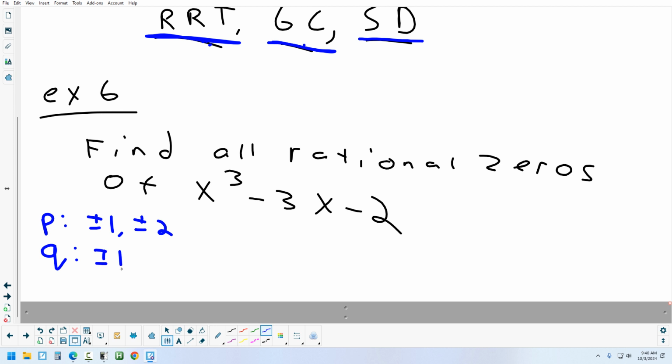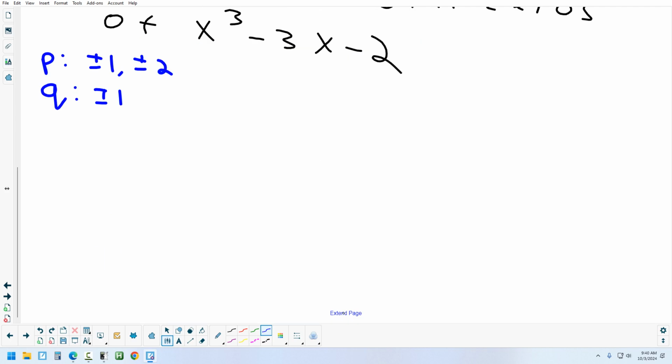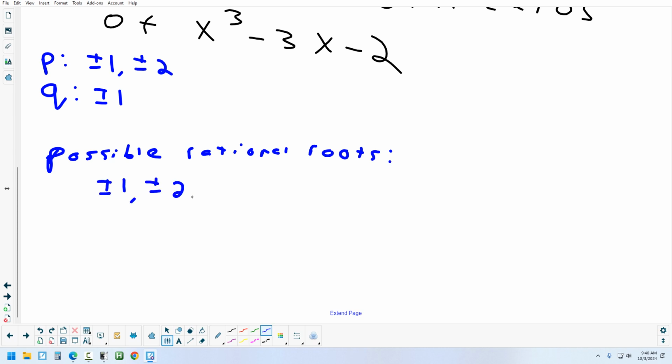So in this case, because it's only 1 and negative 1, q doesn't really matter. Dividing by 1 or negative 1 isn't going to affect my possible roots. So what are all the different possible rational roots? Plus or minus 1 and plus or minus 2.